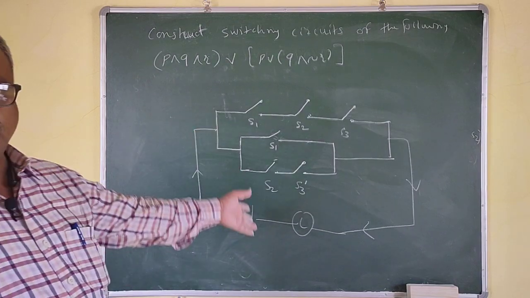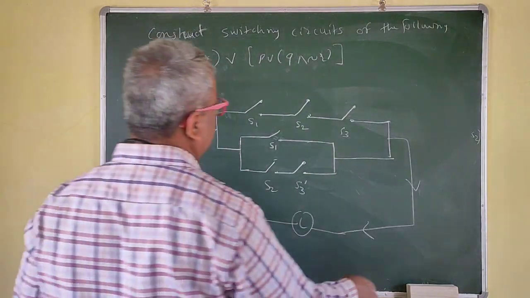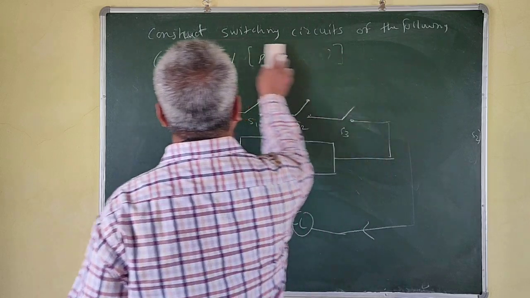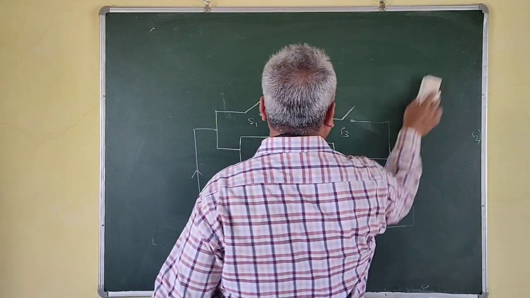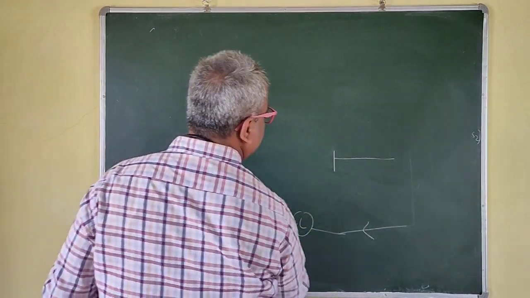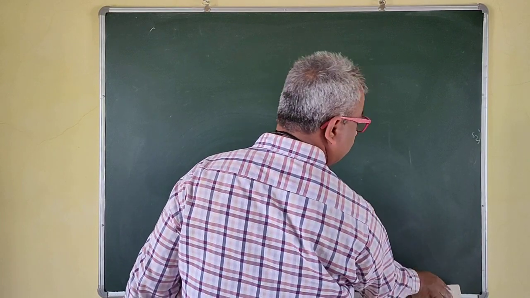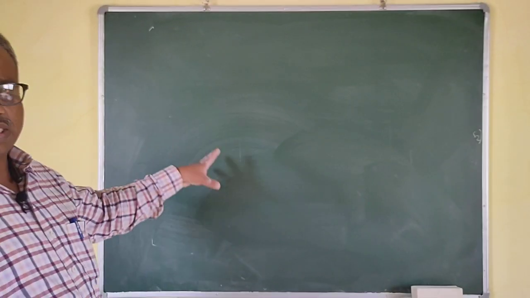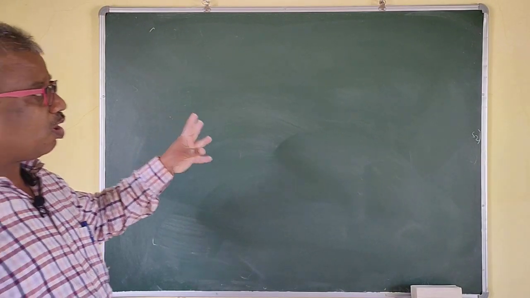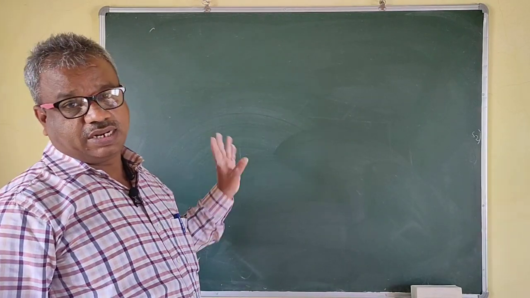Okay, so I hope you understand this one. Now we'll take one more problem on this. The main thing is very important. There are many switches, so you have to form the simplest circuit.